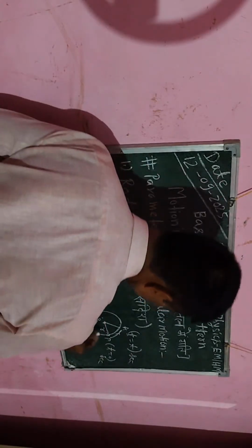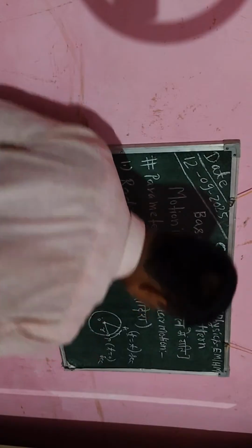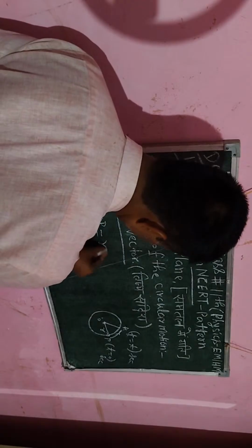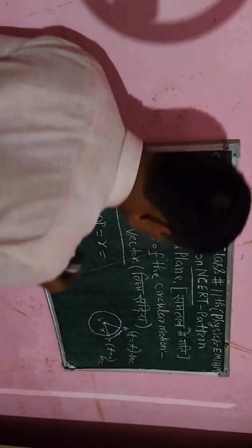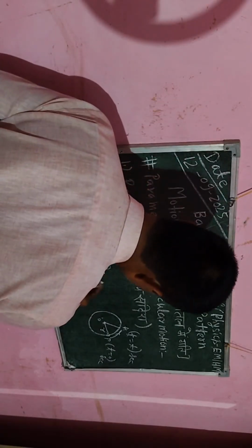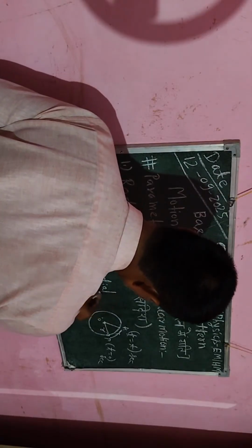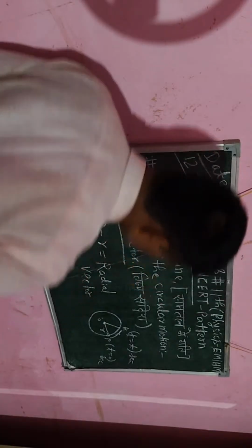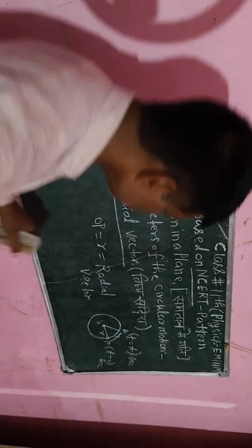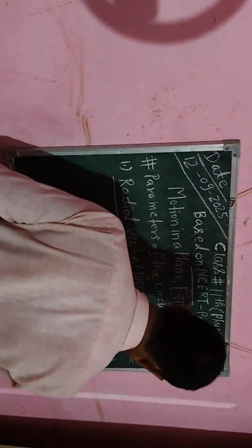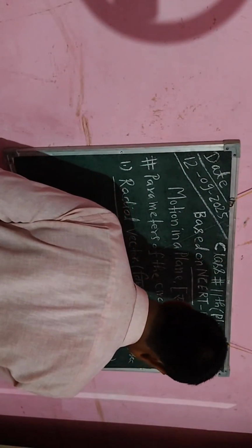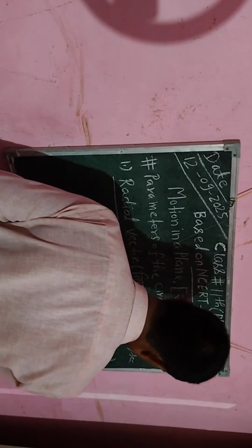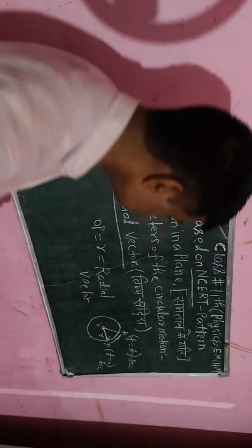So here the length OP is equal to R, and this is also known as the radial vector. Okay. So this point is known as the center of the circle, and it is moving along the periphery of the circle.